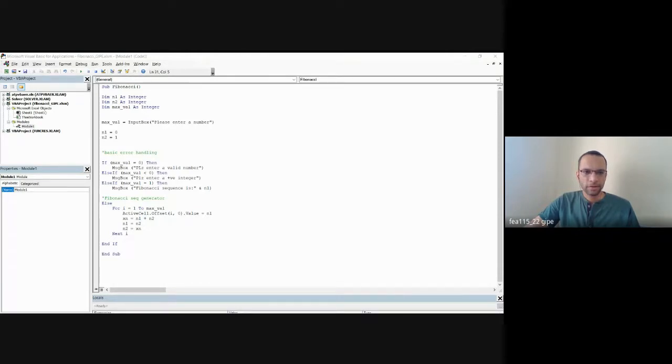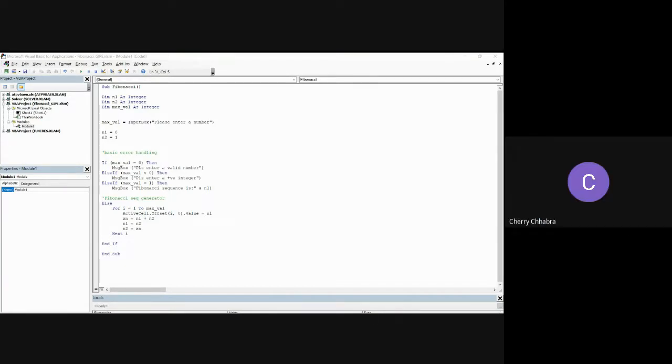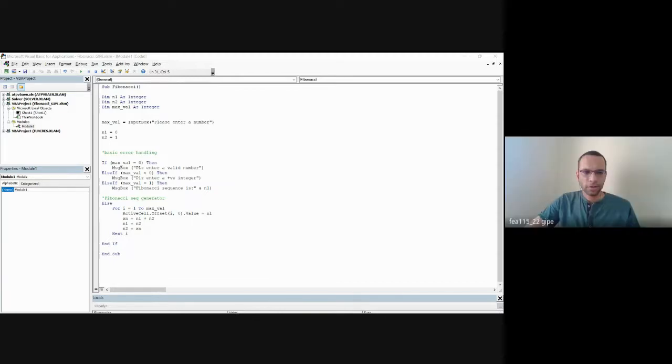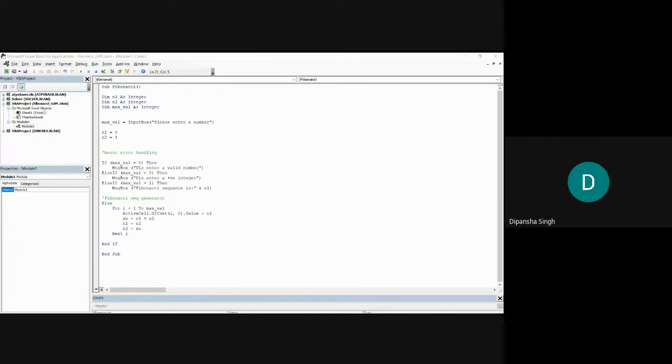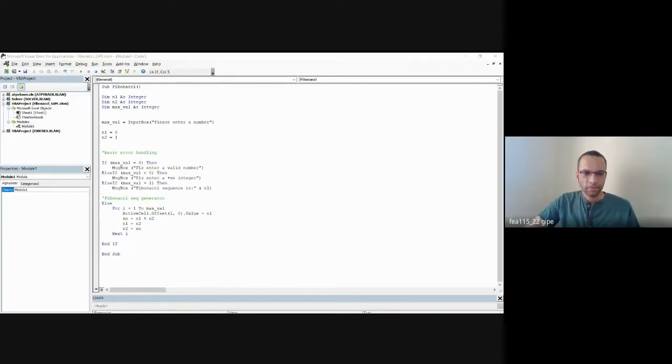Bhavya Dan, Cherry Chabra, present, sir. Diksha Chauhan, Diksha is present. Okay. Dipansha Singh. Present, sir. Okay. Gaurav Kadam. Present, sir. Gaurav Datir.